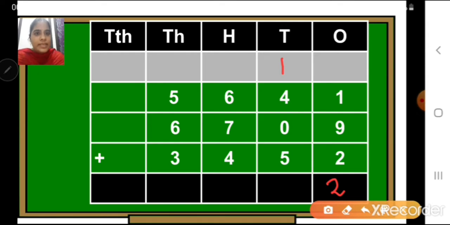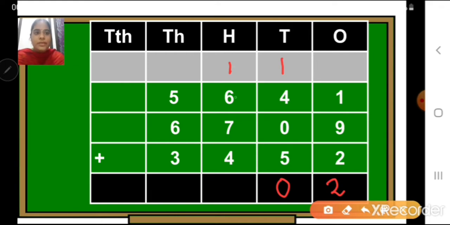Then at tens place we have 1 plus 4 plus 0 plus 5. 1 plus 4 is 5, 5 plus 0 is 5 and 5 plus 5 will be 10. Again we carry over 1 at hundreds place and write 0 at tens place. Okay. Then at hundreds place we have 1 plus 6 plus 7 plus 4.